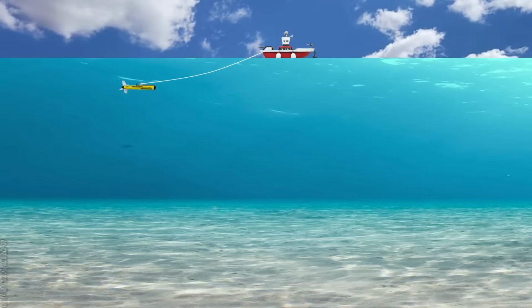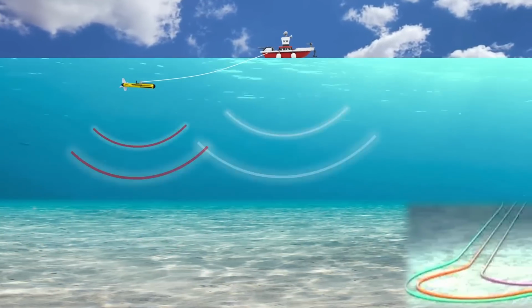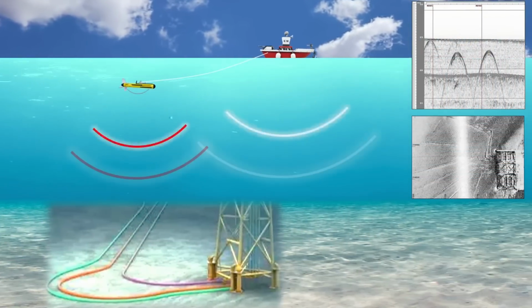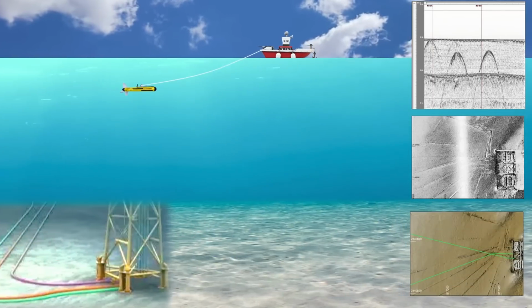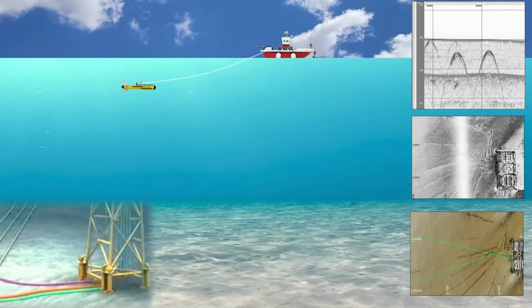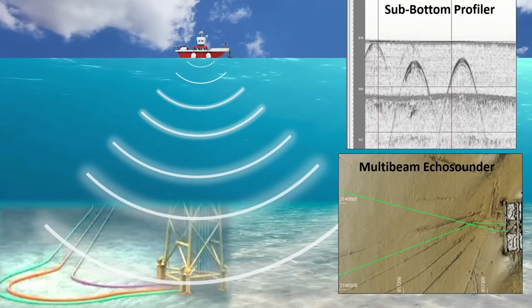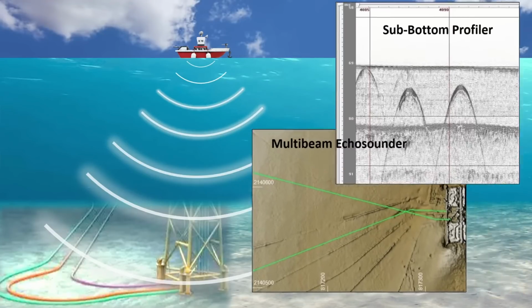Now remember, before you start this process, you must have a calibrated gyro compass and motion sensor and a calibrated USBL system. So here is our survey vessel running with all the sensors operating. You get sub-bottom profiler and multi-beam data and a little later side scan sonar data. Let's compare the sub-bottom profiler data with the center beam of the multi-beam data.